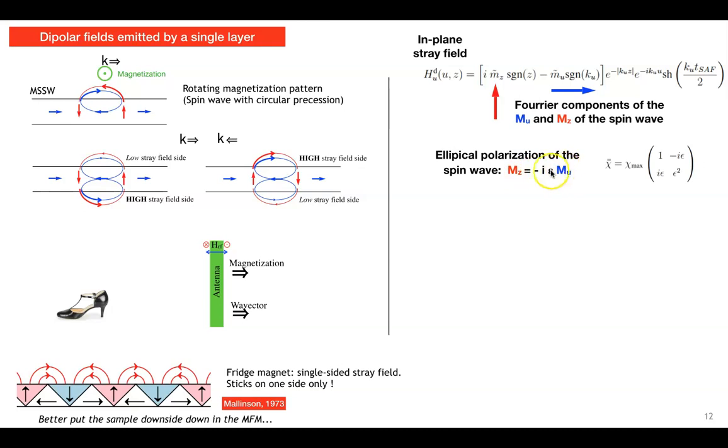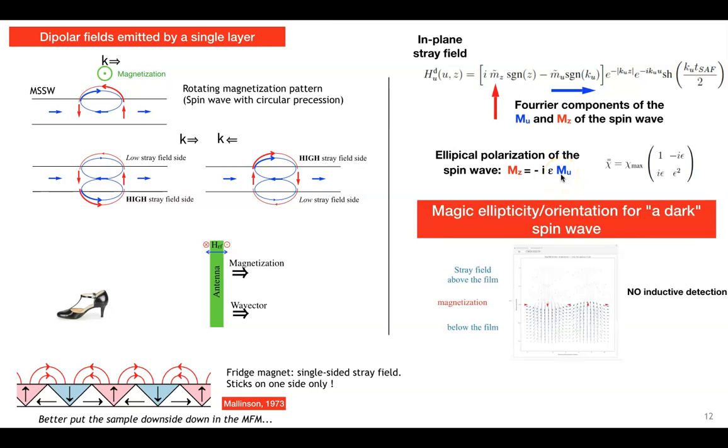So these two components in Fourier space are not independent. And just like before, when you were rotating the magnetization with respect to the antenna, you can rotate this magnetization if you rotate the wave vector. And if you rotate the wave vector, you will be able to tune the in-plane component of the magnetization seen by the antenna.